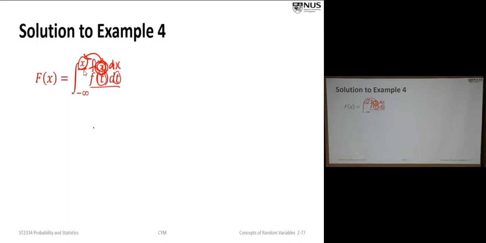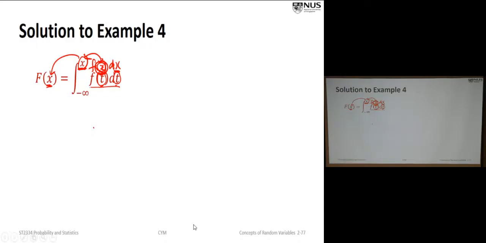It is the one that I refer to. This x only refers to the upper limit. So in order to avoid the confusion, I replace f of x dx by f of t dt, or any other letters that you want.